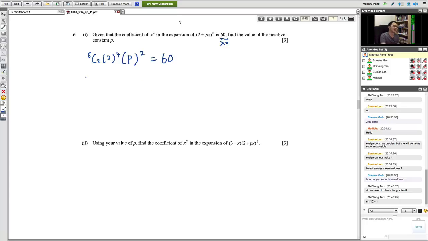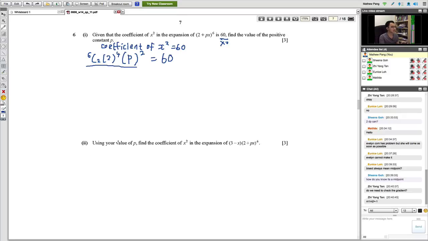Or at the beginning you can write coefficient of x squared equals to 60. So this one is the coefficient of x squared, so it's equal to 60. Then you just use your calculator. 6c2 multiply 16. 2 power 4 is 16.